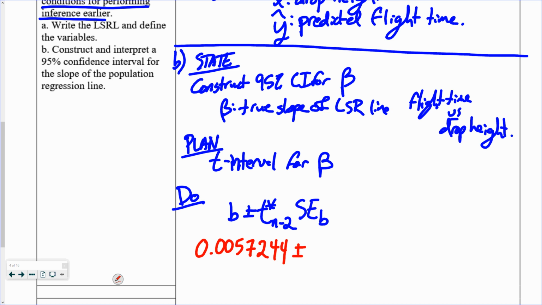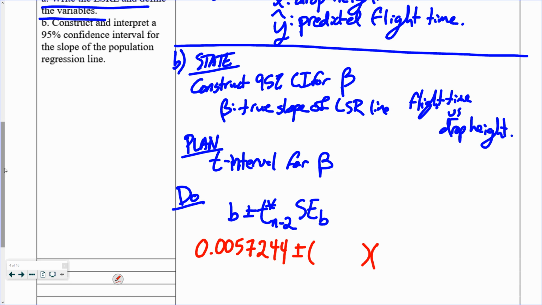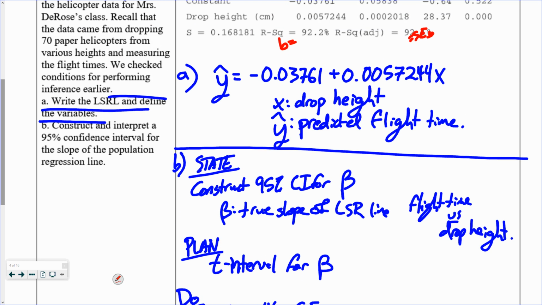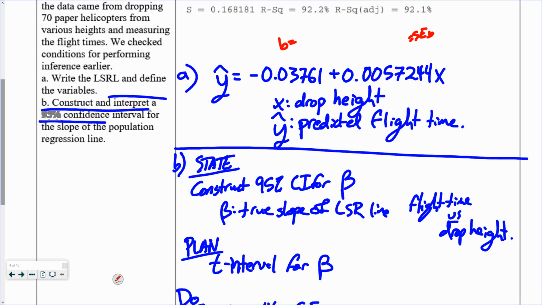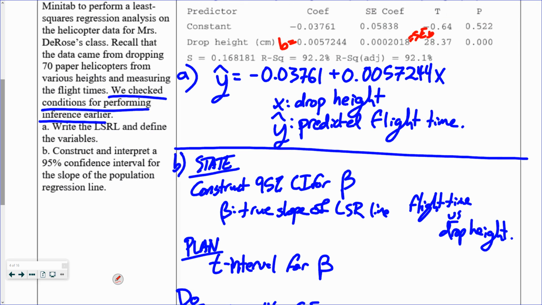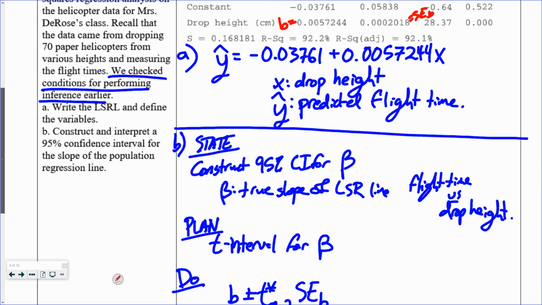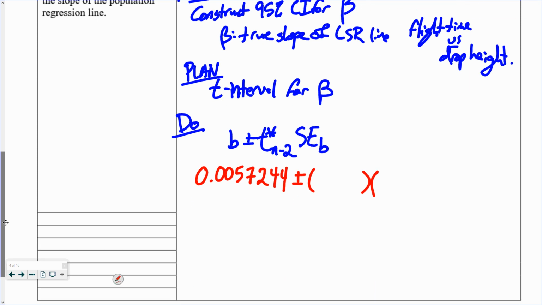Plus or minus some critical value, which we'll find in a moment, times the standard error of B, which is also given. 0.0002018. Okay.